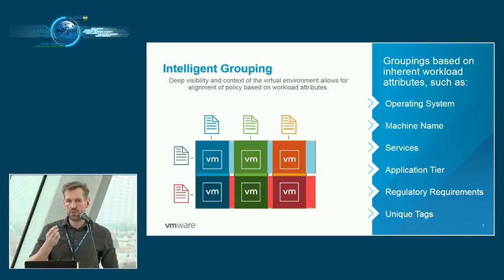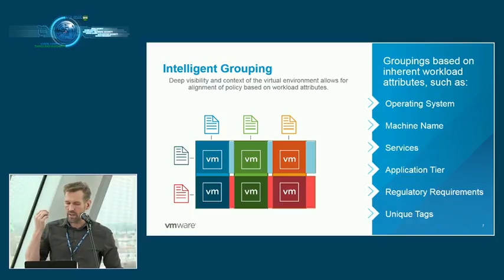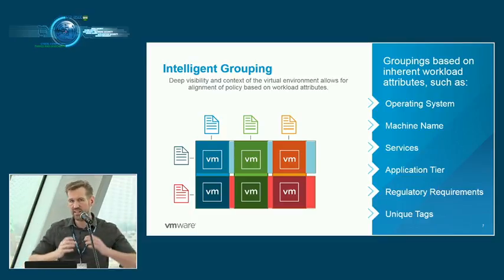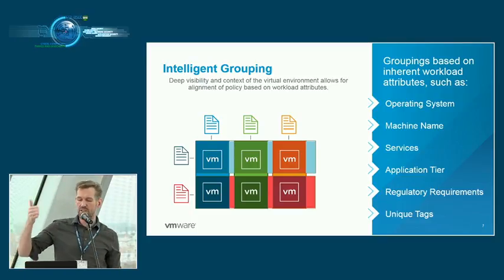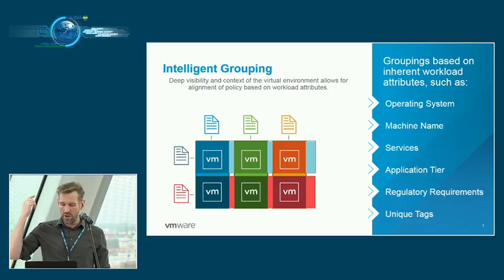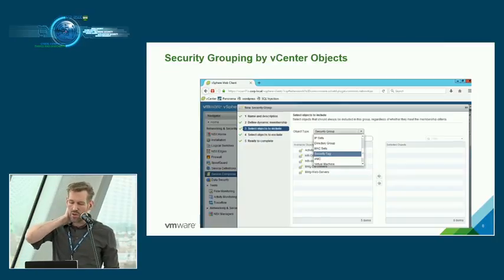So the hypervisor knows everything. The vCenter, in our case, knows everything about all the VMs running in this environment. So we can make groups of VMs based on basically anything that is a property within the vCenter, such as the operating system or the machine name or whatever. So this is a screenshot from the GUI.